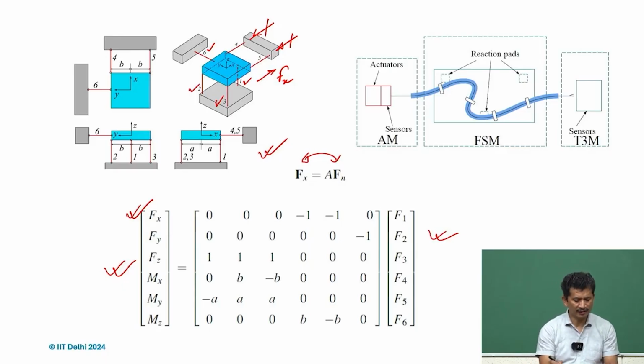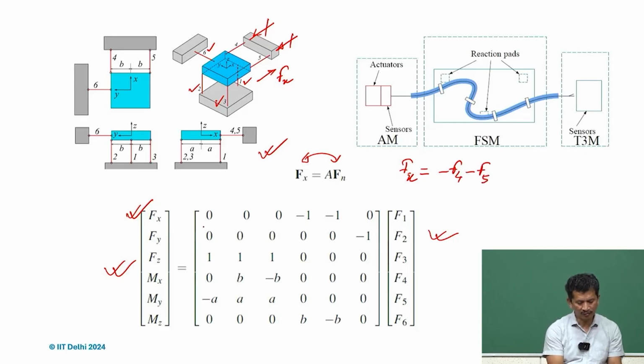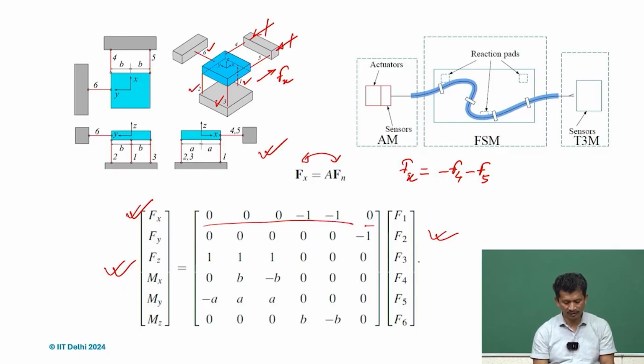So, we realize that Fx can be written simply as minus F4 minus F5, so all zeros except F4 and F5.